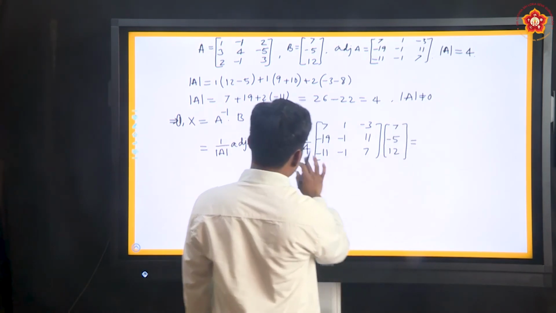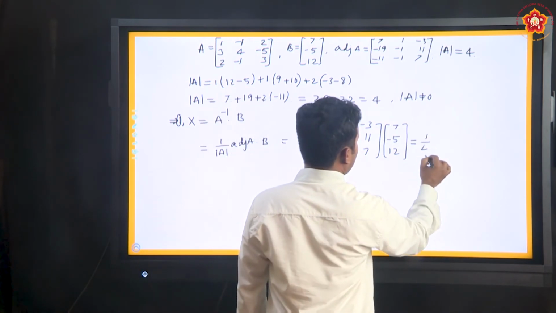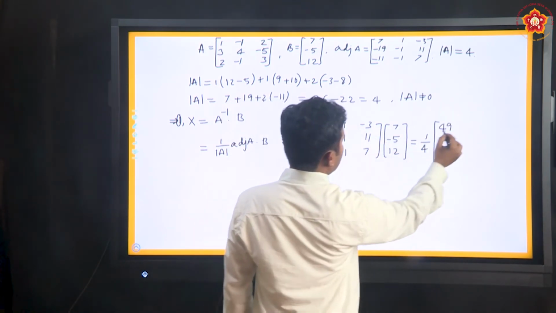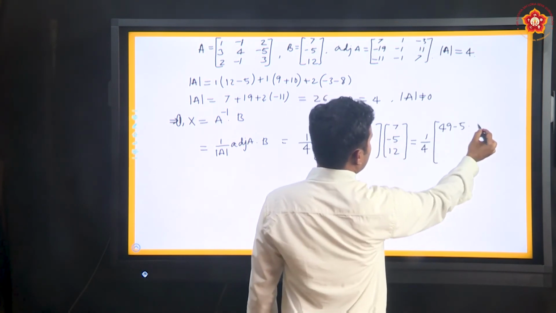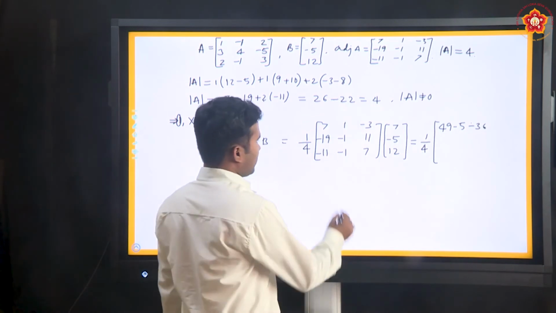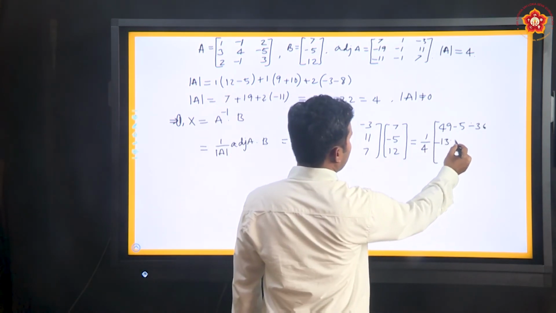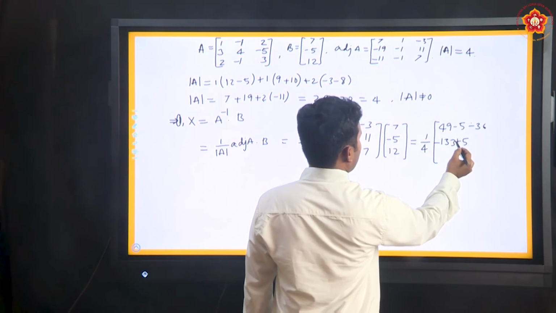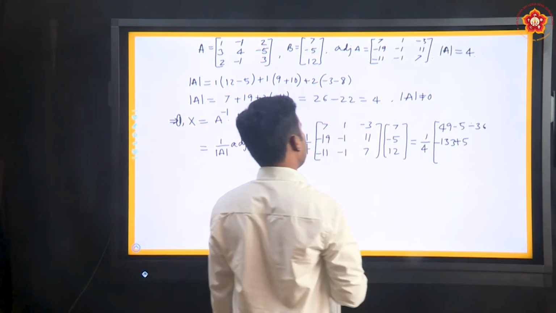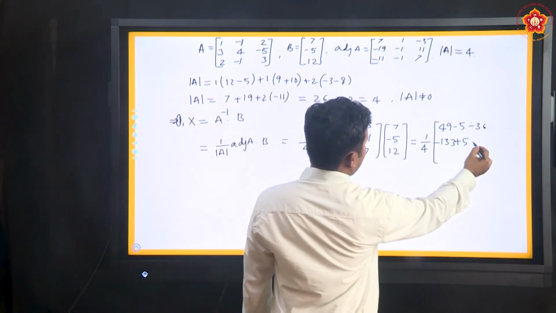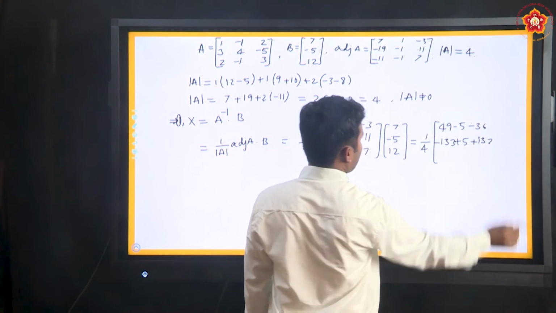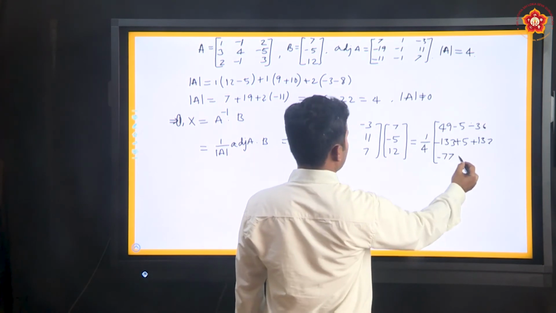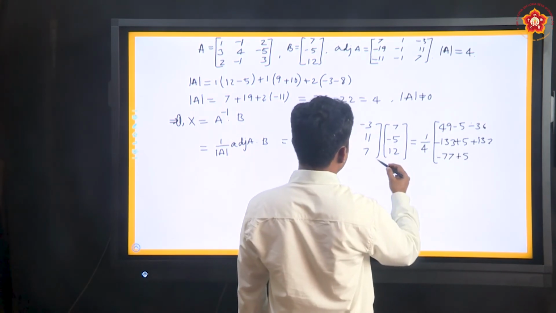So, now you multiply this, do not multiply this 1 by 4, at the end you can multiply, otherwise it makes it difficult for us. 7 into 7, 49, minus 5, minus 3 plus 12 minus 36, 12 3s are 36, minus 133, 7 19s is a plus 5, plus 5, plus 11 12s are 132, this minus 77, plus 5 and plus 84.